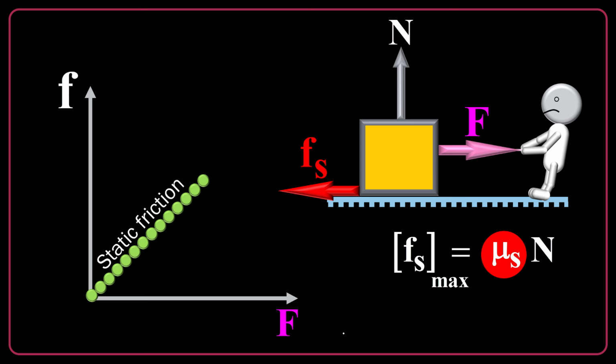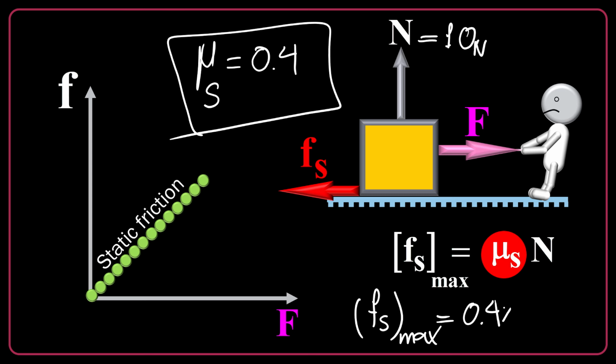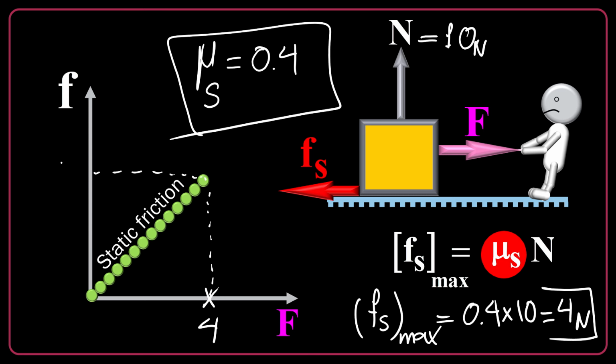So if you have the mu s in an experiment, let's say mu s is given to be 0.4, okay? You can determine the maximum static friction. Let's say the normal force in this experiment is 10, okay? So I can say Fs max according to the given values will be mu s 0.4 times 10. So it's 4 Newton. 4 Newton is the maximum static friction. It means that your force could be up to 4 and the object is still at rest.